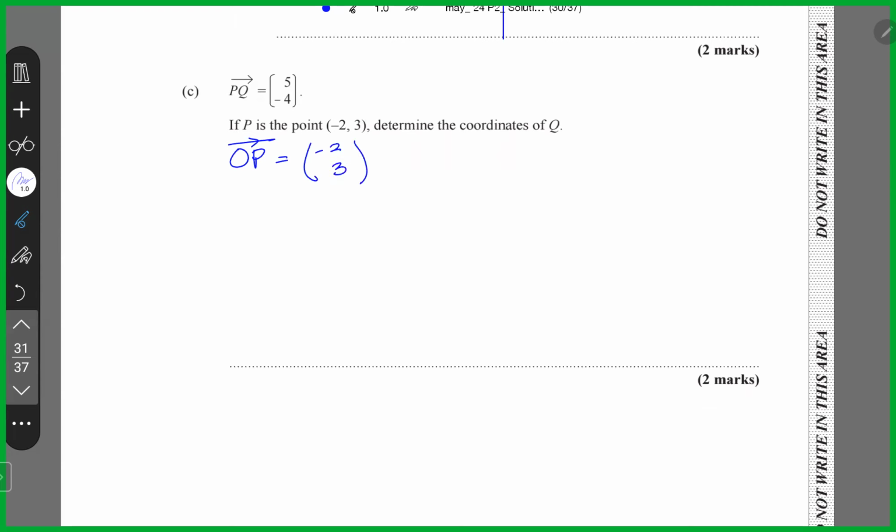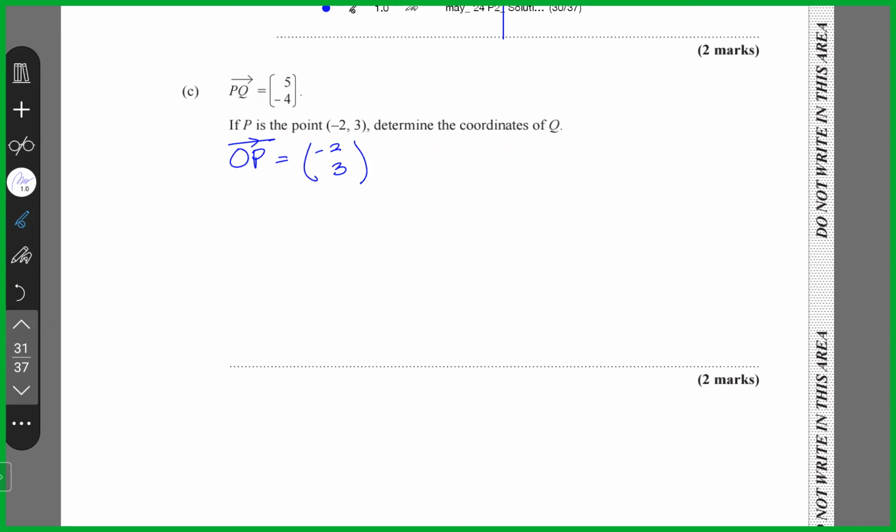Now, a position vector is a vector that is tied to the origin. If the point P is minus 2, 3, the position vector OP is minus 2, 3.